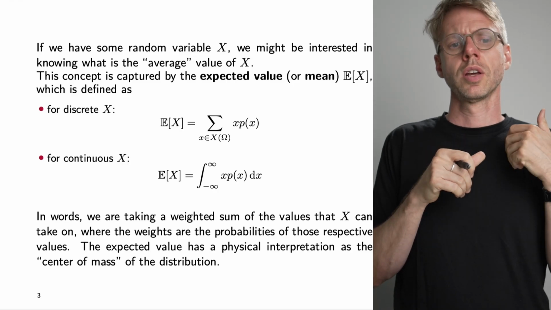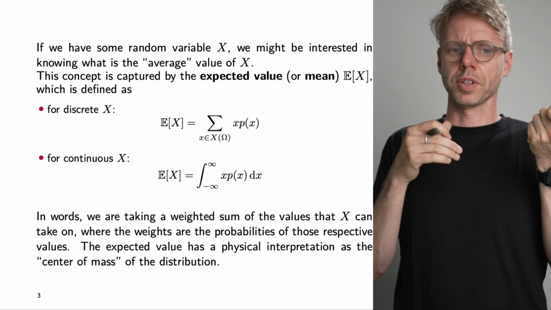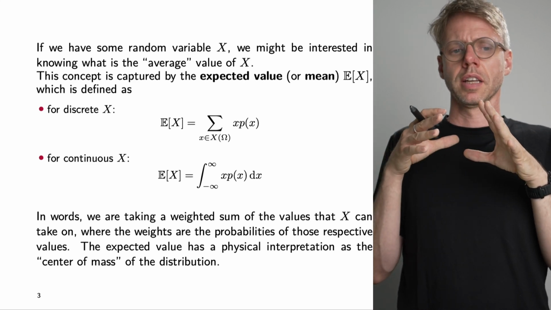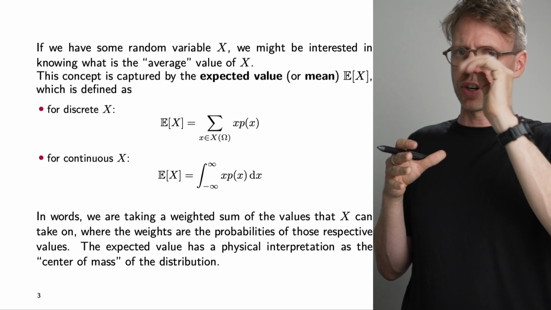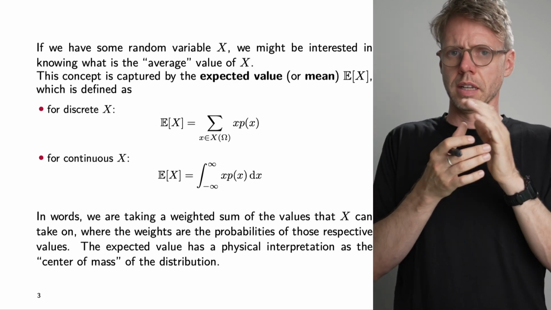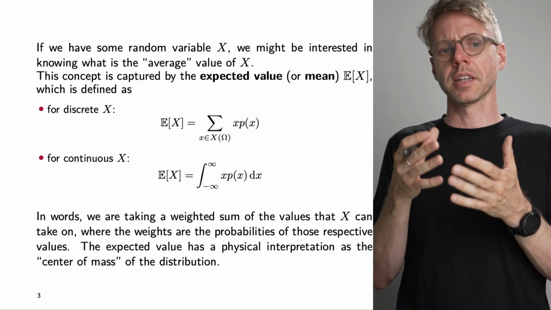Now say you have examples for some random variable. You might be interested in knowing what the average of this, or the mean, is. This is given by the so-called expected value.